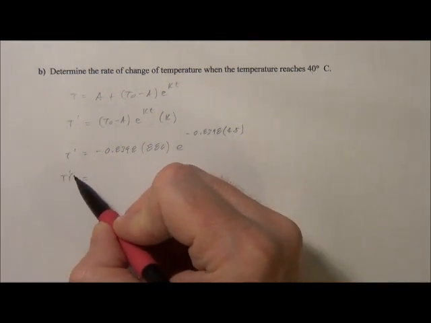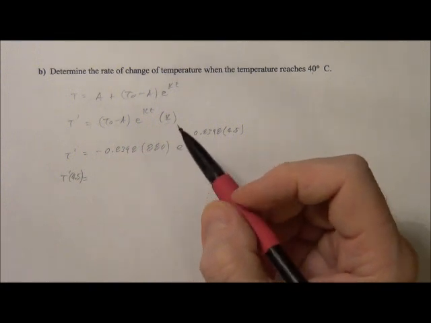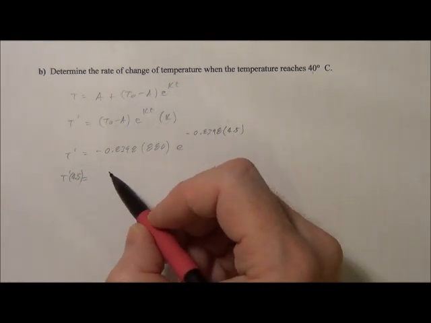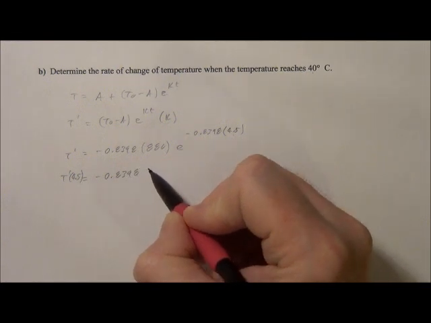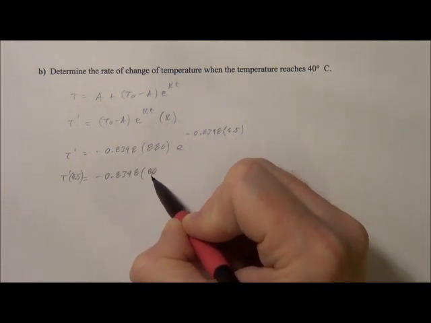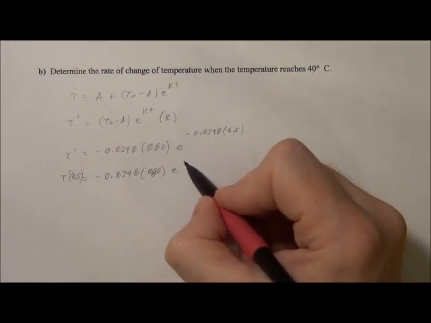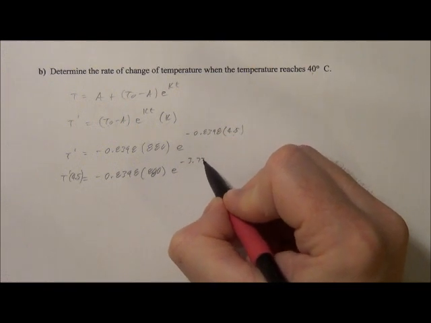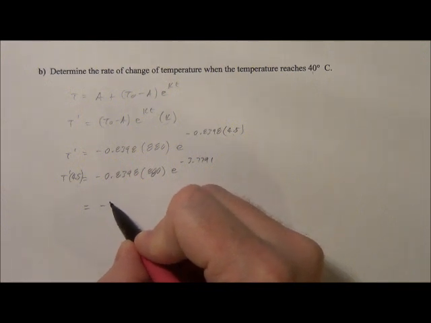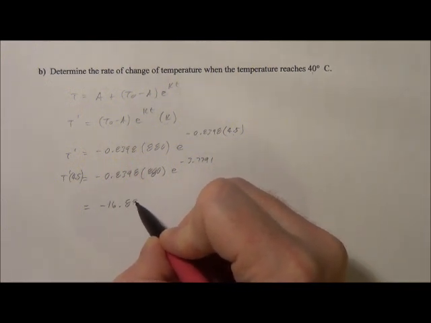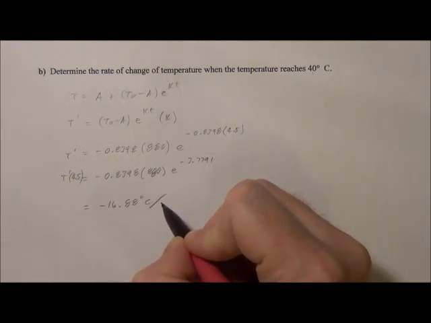So that T prime of 4.5 is then, I'll just do one more step, not that we really need to, e to the negative 3.7791, and then when we calculate all that, we will see that that is negative 16.88 degrees Celsius per second.